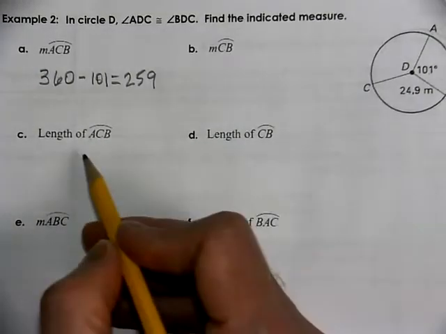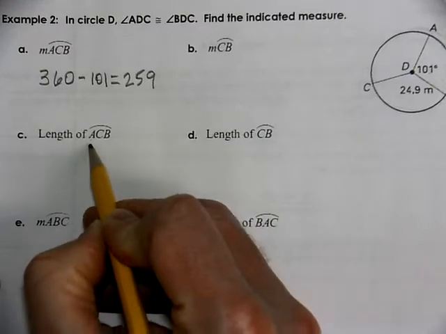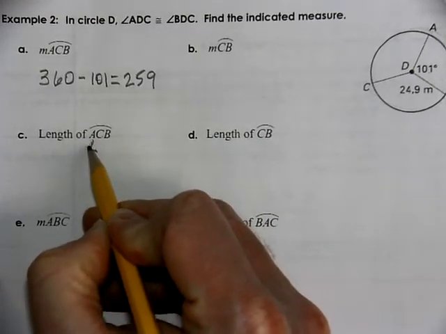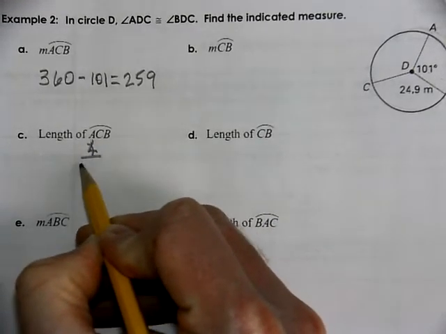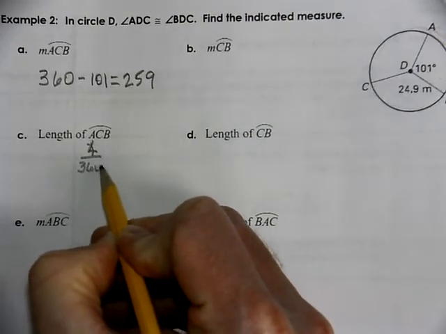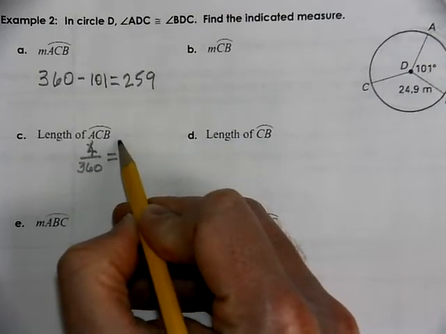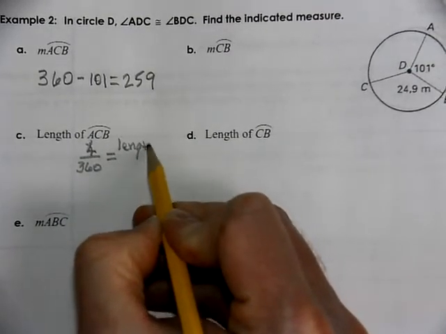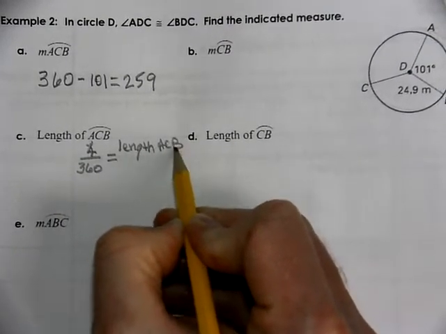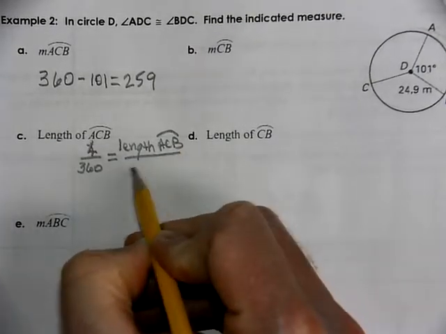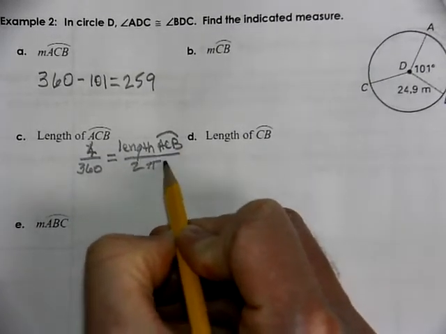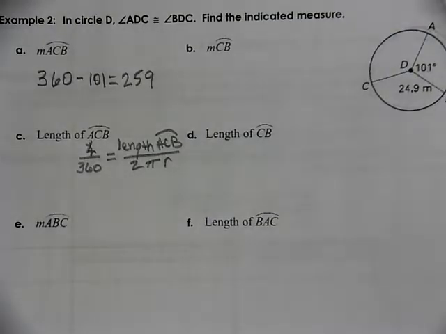The arc length of ACB is going to be the angle over 360, which is going to equal the length of ACB over 2 pi r. That's our formula that we've been using.